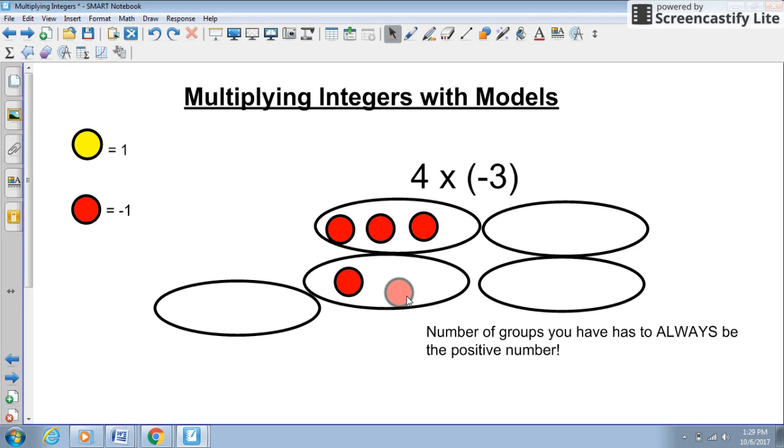Now my answer is how many total I have here. We all know I have 12, but in this instance, they're not positives, they're negatives. So my answer is negative 12. Not too hard yet, right? Alright, let's look at the next one.